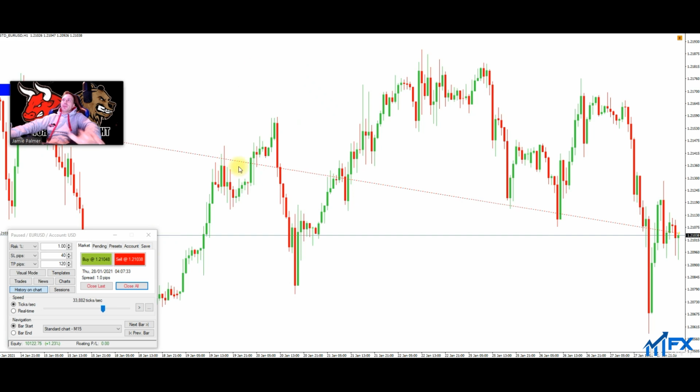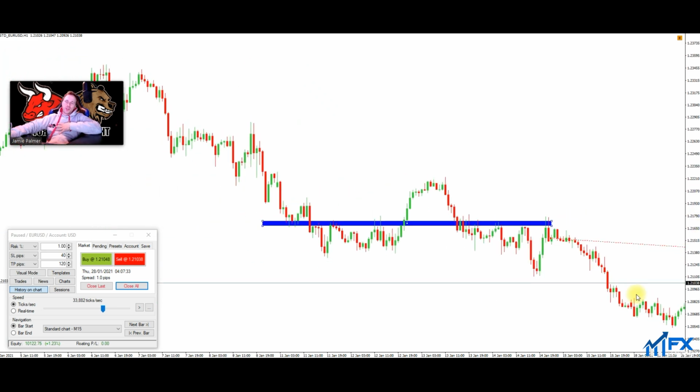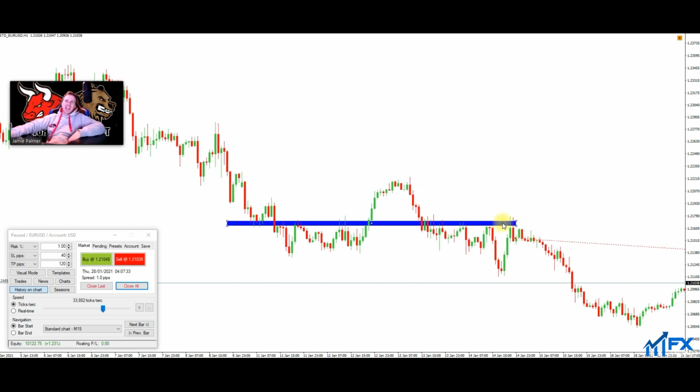So yeah, maybe 120 pips was a bit OTT, a bit over the top with that setup, but you get the idea. An absolutely beautiful move down with the trend. Maybe if you went for an 80 or 100 pip take profit, it would have been perfect. 120 pips, a bit extreme. I got a bit overconfident there, but I'm showing you the example now of trading with the trend.